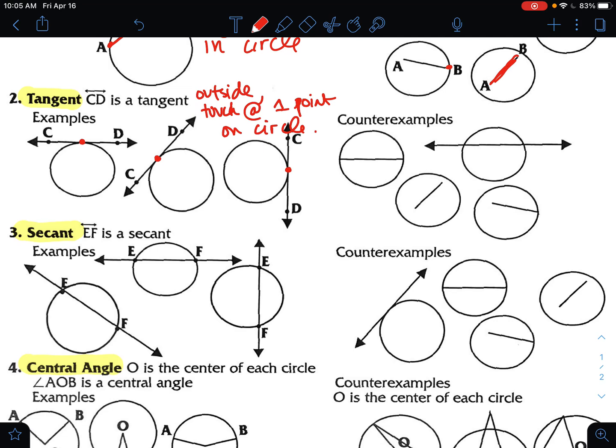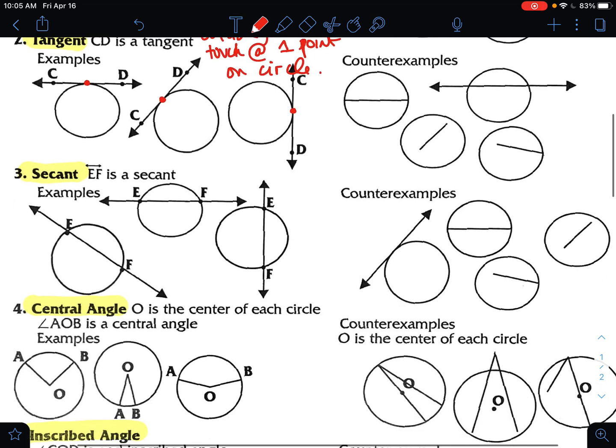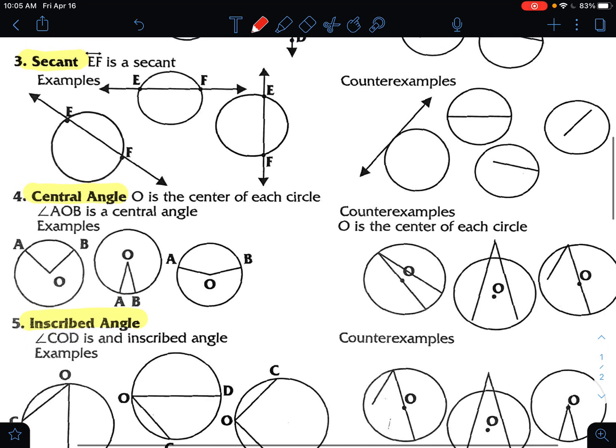Okay, let's move on to secant. I'd like you to do the same idea. Look at the examples, look at the counter examples, and let's see if we can come up with an informal definition. Okay, secants. Do you see that all of these go through the circle and out the other side? Through the circle, through the circle. This is a tangent that we talked about, and these are not going through the circle.